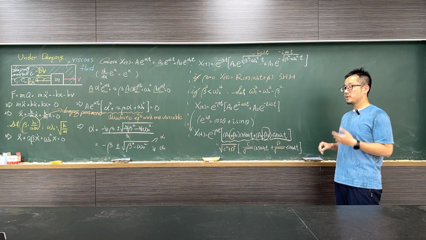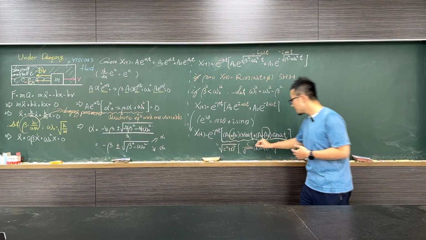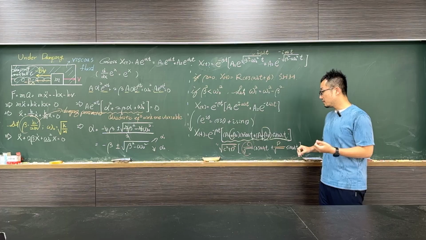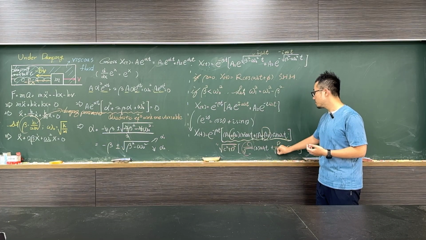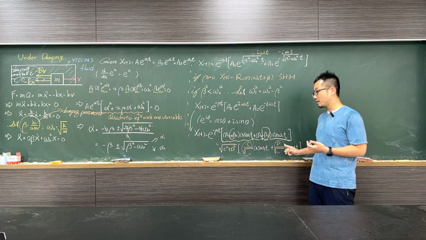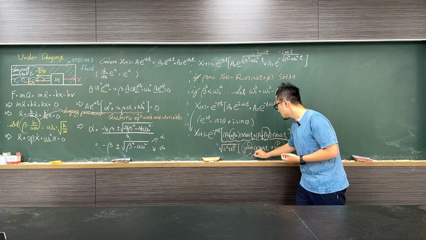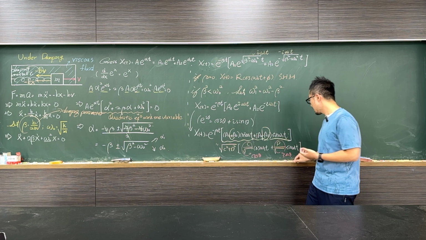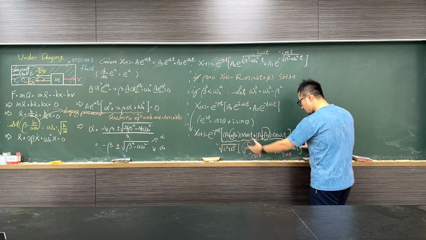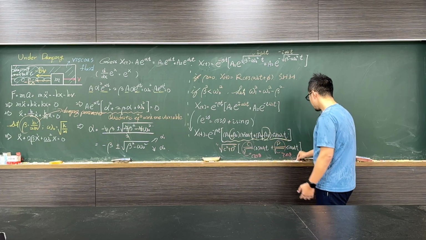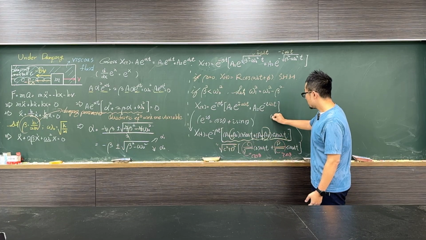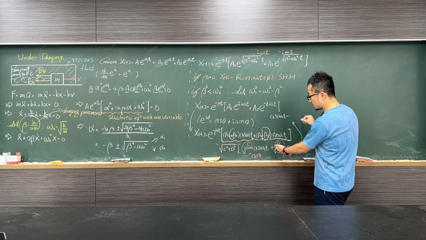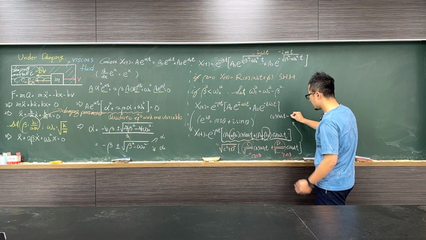And according to the Pythagoras theorem, I can say this term could be a cosine function or a sine function. If it is cosine, then the other will be sine. If it is sine, it will be cosine. I would like to name this as a cosine function, and this will be a sine function. Using the formula, you can combine all this term as cosine of omega 1 t minus theta, because this is plus, minus theta.